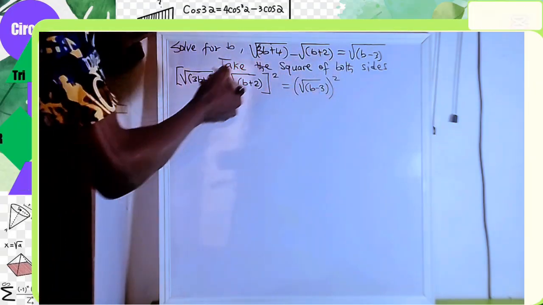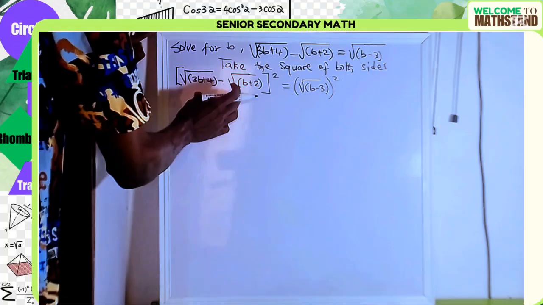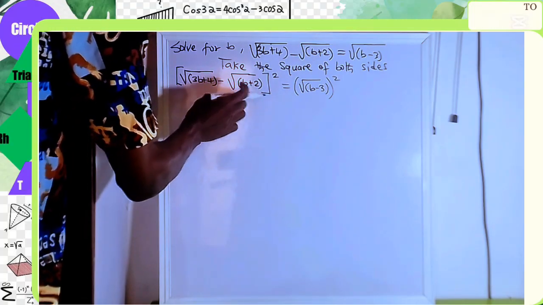And we take the square of both sides. So in this case, this is what we have to take.